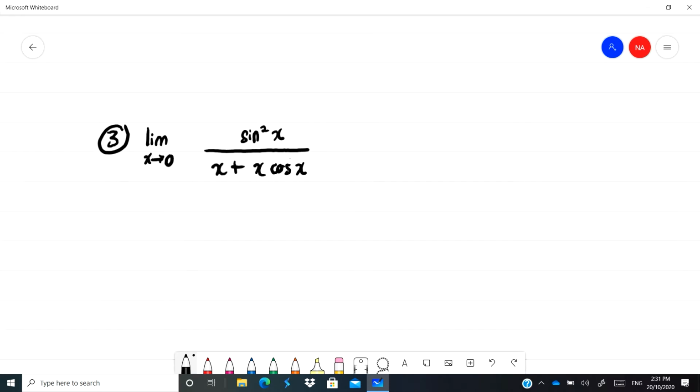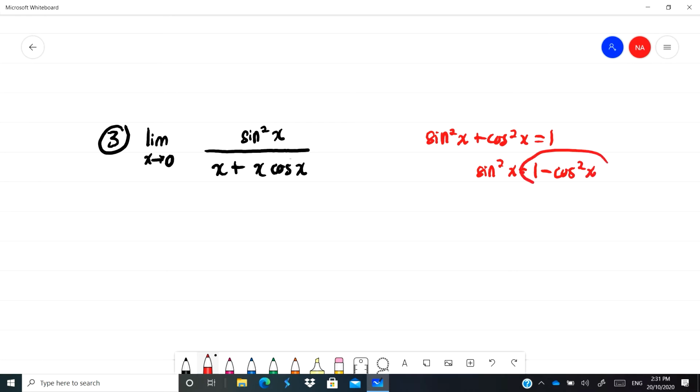To do this, we'll have to recall the trigonometric identity: sine squared of x plus cosine squared of x is equal to 1. So sine squared of x is equal to 1 minus cosine squared of x. We're going to substitute this part into the function at this part.